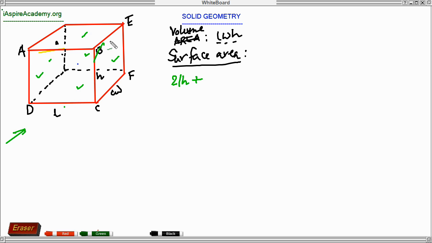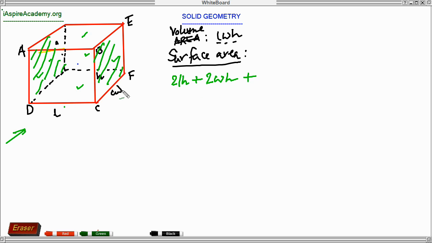H. So this surface is W times H. Another surface is a mirror of this one, so that makes another 2 times WH.